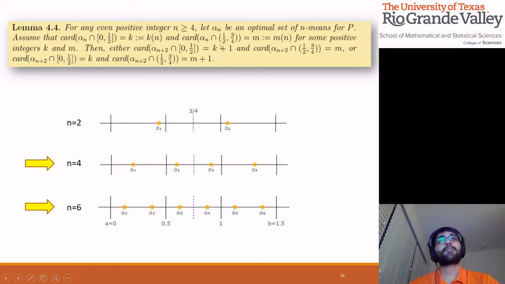And the number of quantizers in the interval 1/2 to 3/4 equals m. So here we are going to define m as the quantizers between, and this is important, the open interval 1/2, 3/4. So 3/4 will no longer be considered.